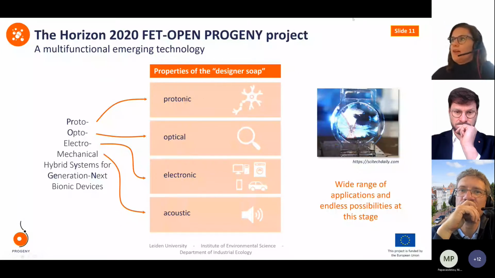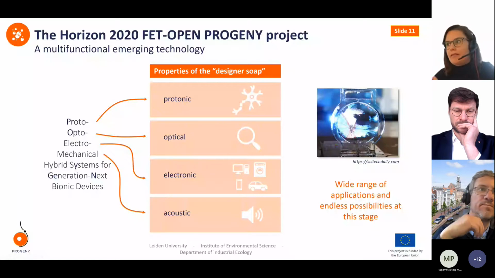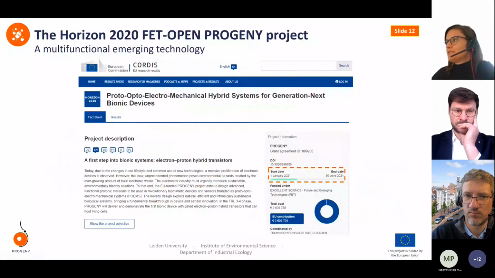So it is very hard to explain in only a few words, but you might grasp this complex project and that it might be one of these disruptive technologies for the future, because it is based on surfactants, which make up soap in a way. They are designed so that they can have electronic and optical and other properties.